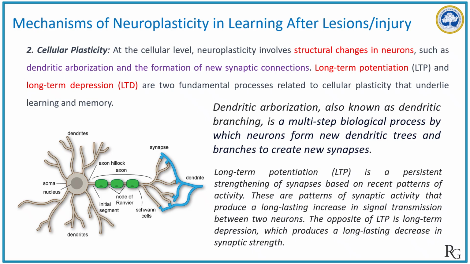LTD is the opposite of LTP. It weakens synapses when certain patterns of low frequency activity occur. Together, LTP and LTD act as the cellular equivalent of learning and memory.